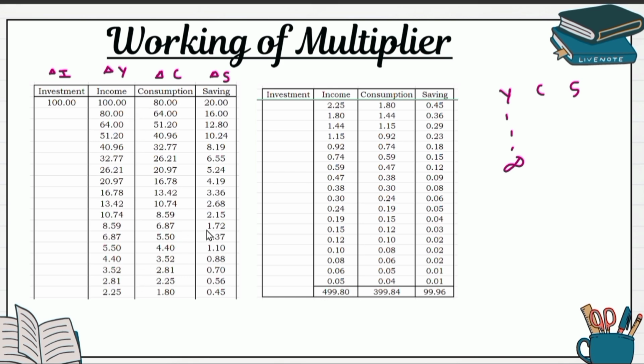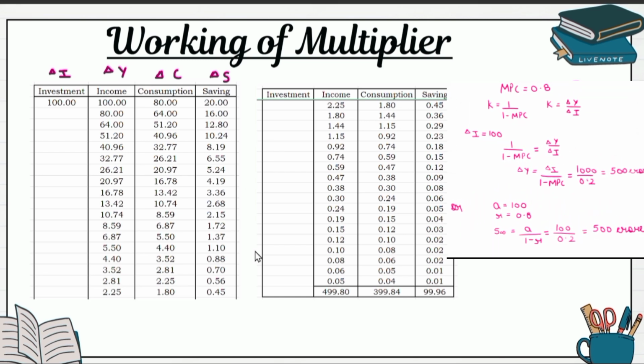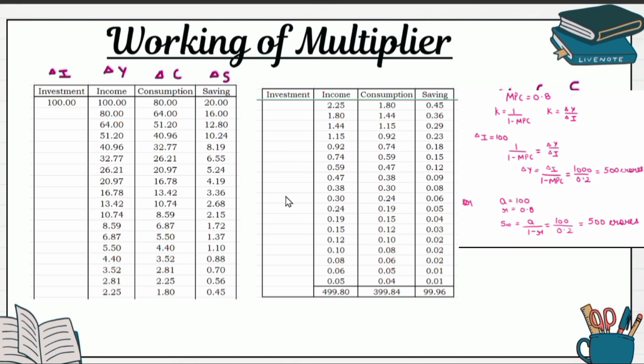The important point to note here is that in this particular calculation I have restricted the value of decimals to two places. If I relax the decimals, then it would go on until, you can say, infinity. But the total change in income which you get here approximates what we found through the formula.